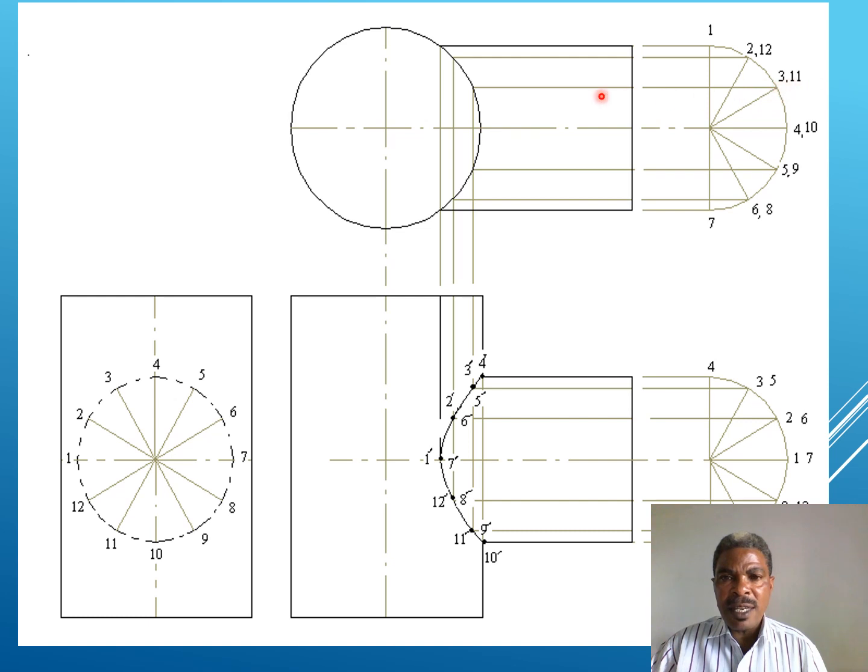Likewise 3 and 11 here, 2 and 12 somewhere here. Being 2, it indicates that they are in the same line. After they touch the circumference, they have to change direction downwards. So they are projected downwards.